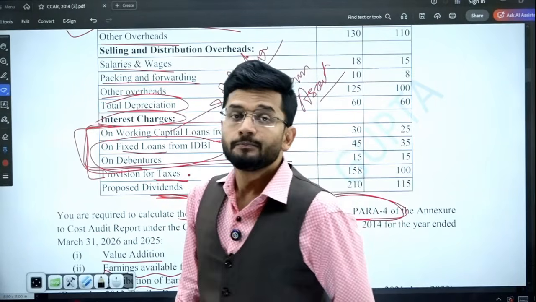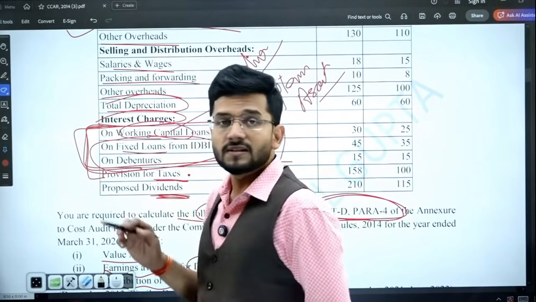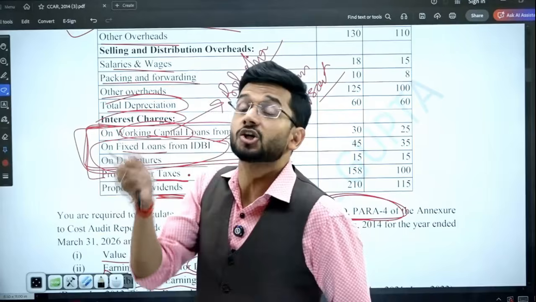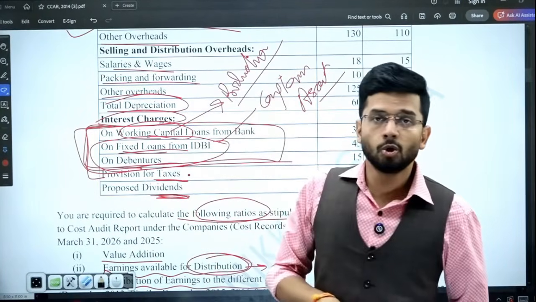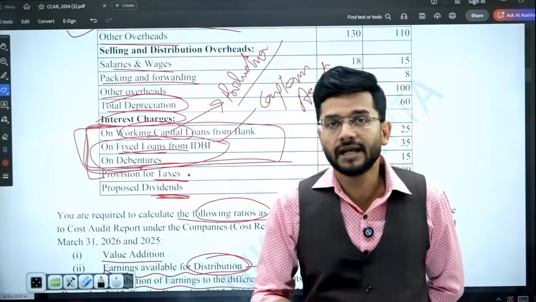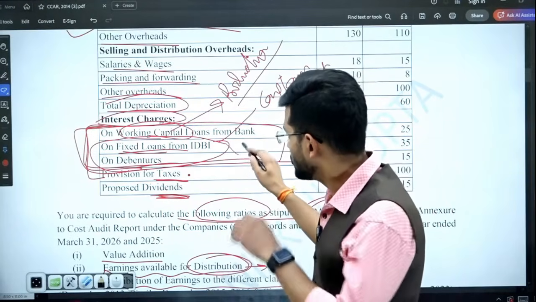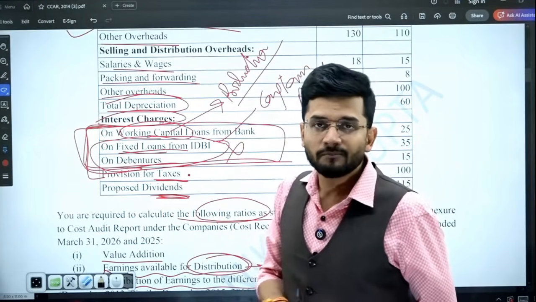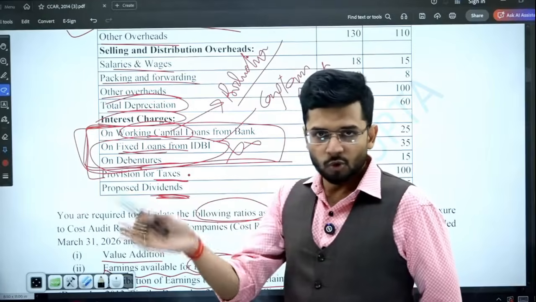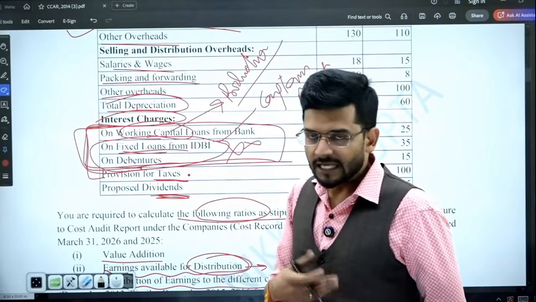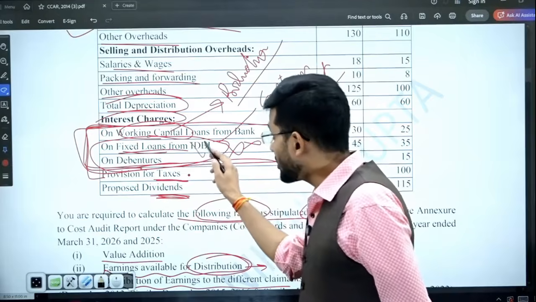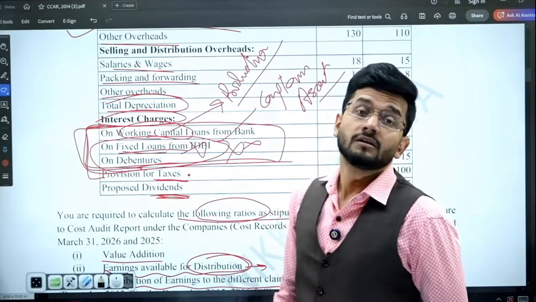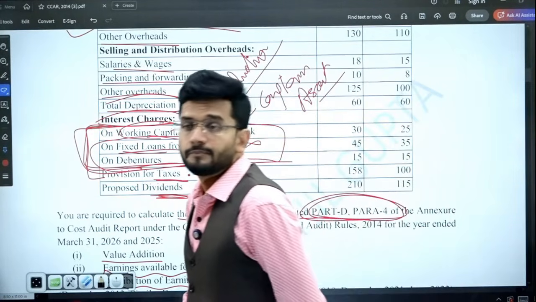So if it is a working capital loan, it's a production cost. However, long-term debt interest is not used for day-to-day production. It's a long-term cost. Therefore, it is not included in calculating the value addition. Very, very important point to be noted.